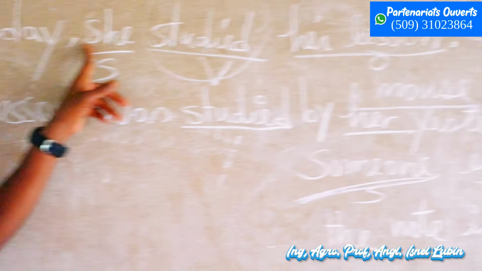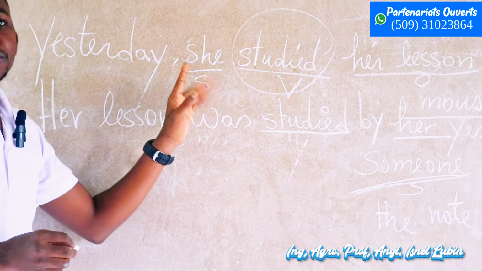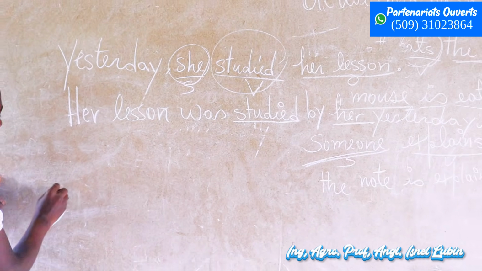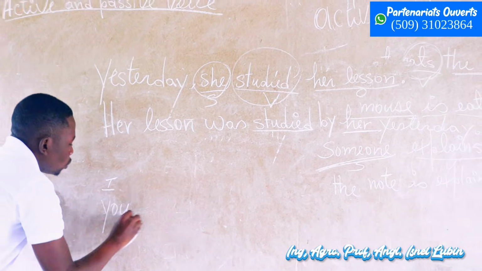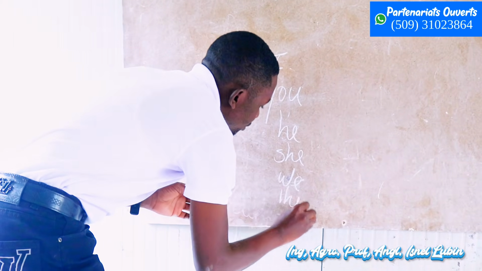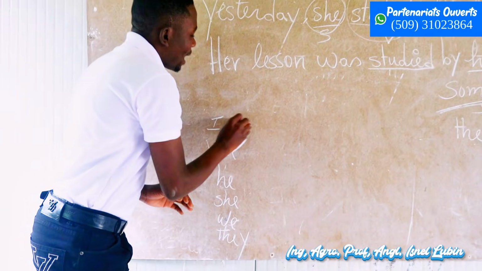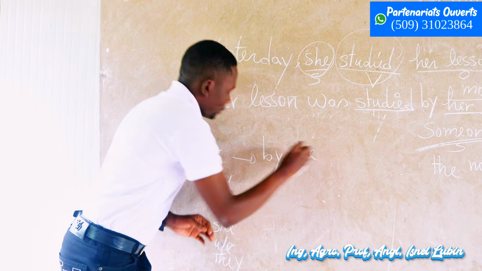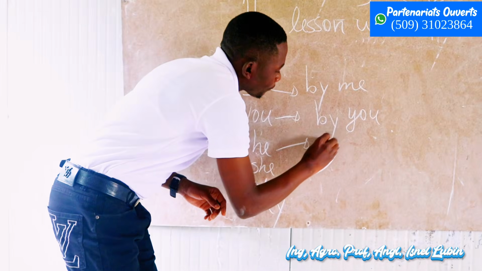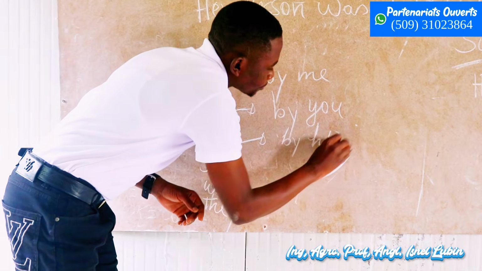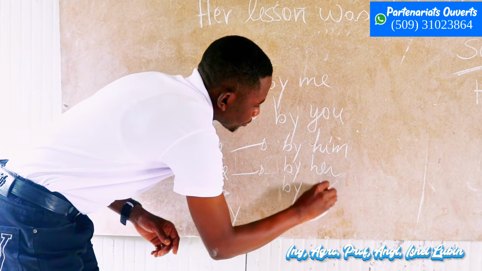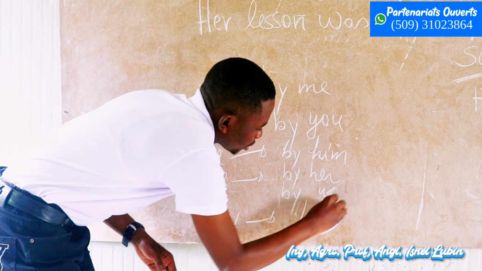I say by her because I had a subject which was a subject pronoun. Okay, this is she. Okay, I say by her. In the same way, if I had I, you, he, she, we, they, I would say by me, by you, by him, by her, by us, and by them.